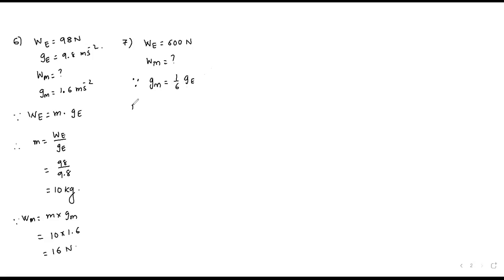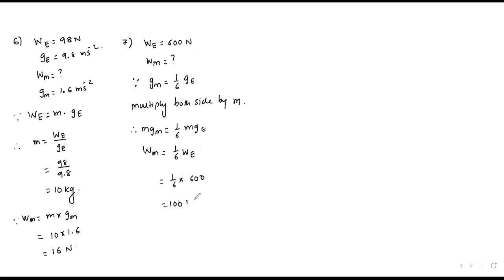Now here, multiply both the sides by M. So it becomes M into G is 1/6 M into G. So this is weight on Moon is 1/6 weight on Earth, which is 1/6 of 600, which is 100 Newton. How much is it? 100 Newton. This is one thing.